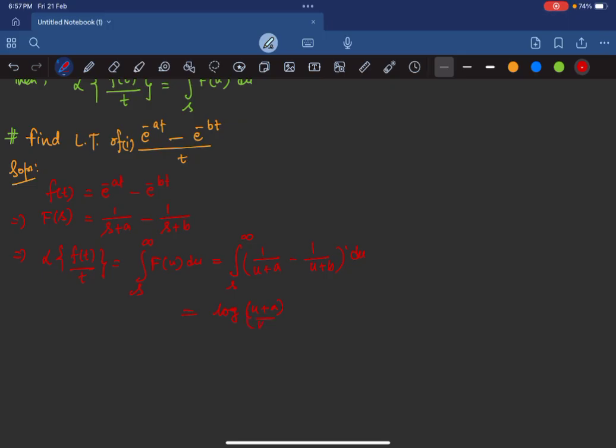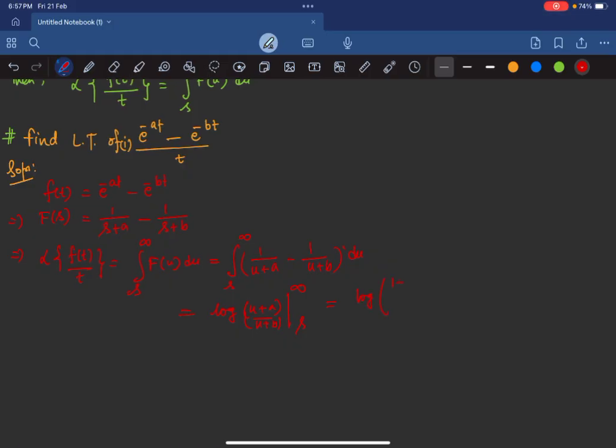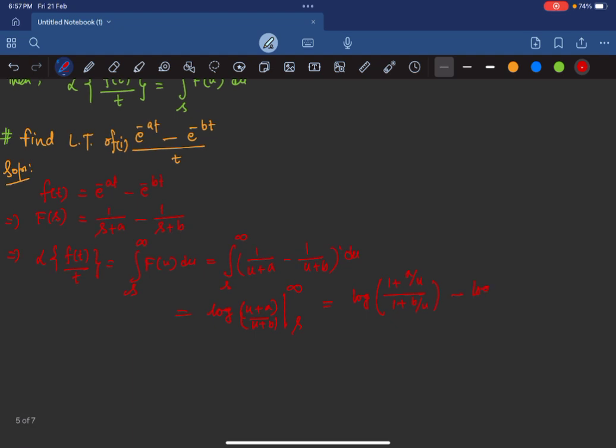If you apply the formula of logarithm, it becomes log of (u+a)/(u+b), from s to infinity. For the first part, you can write log of (1 + a/u)/(1 + b/u), minus the second part, log of (s+a)/(s+b).